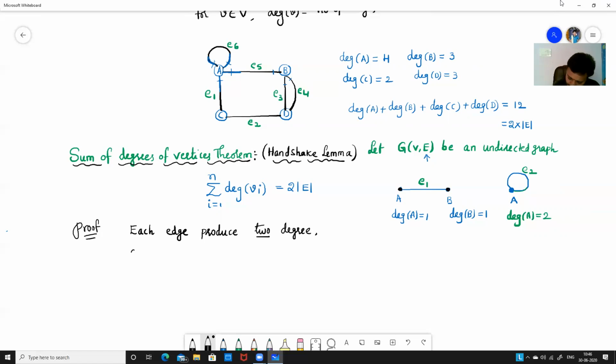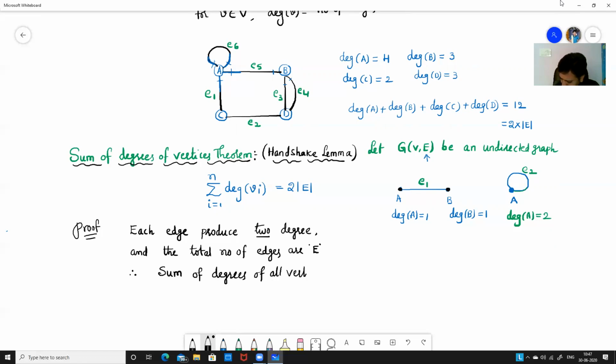And the total number of edges is E. Therefore, the sum of degrees of all vertices is equal to 2 times the number of edges.